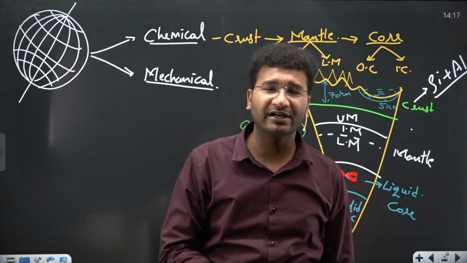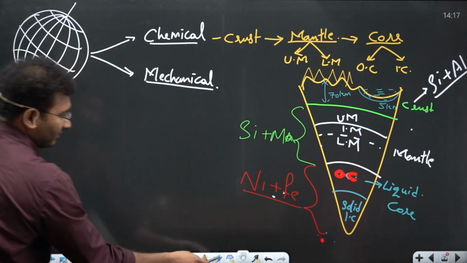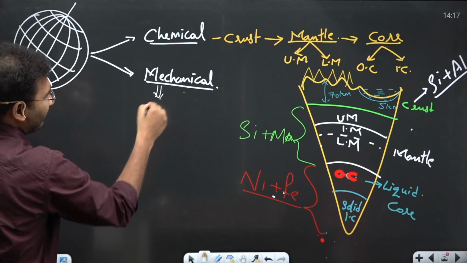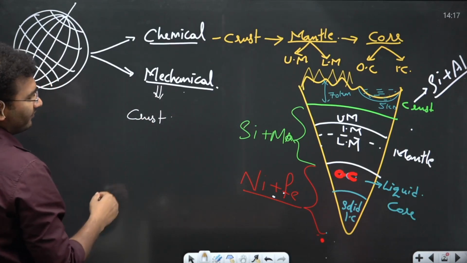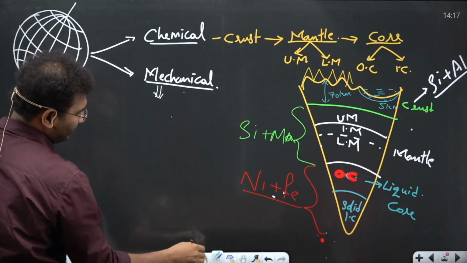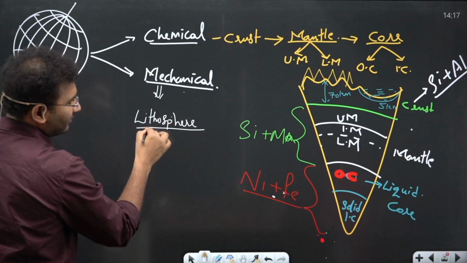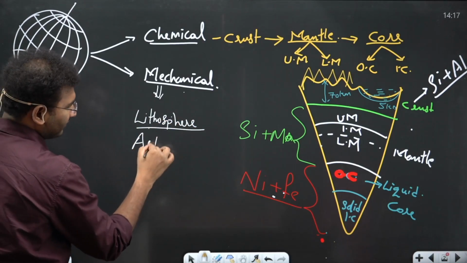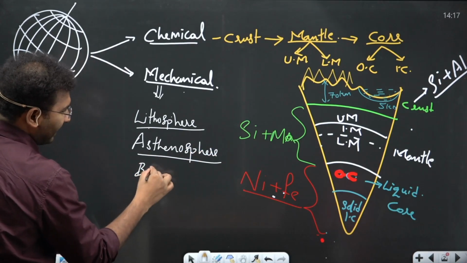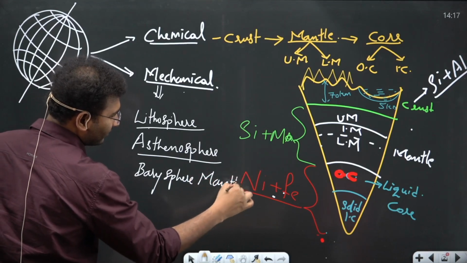But more than chemical composition, the most important aspect is the mechanical composition. In the mechanical composition, the divisions are different. You will have the crust, which is nothing but your lithosphere. Then you have the asthenosphere, then you have the barysphere, which is also called the mantle.